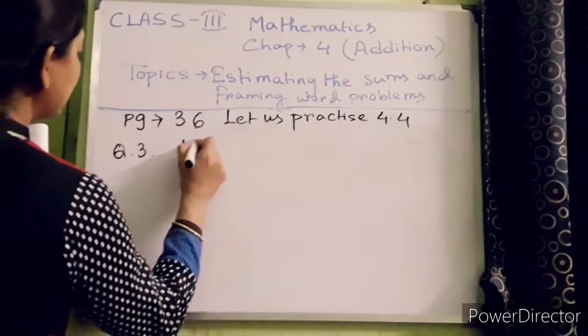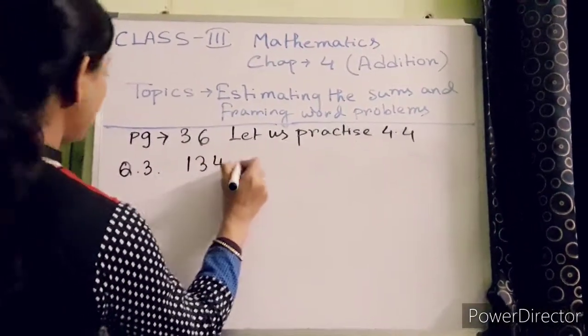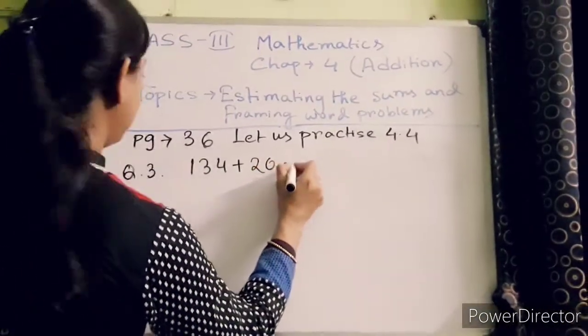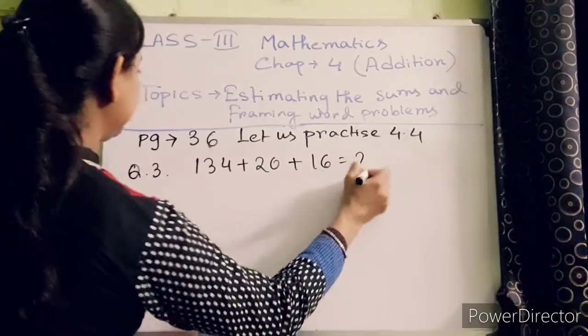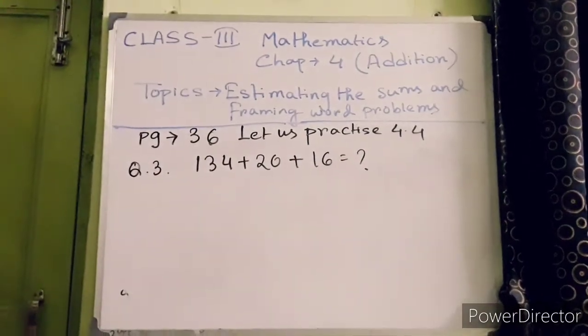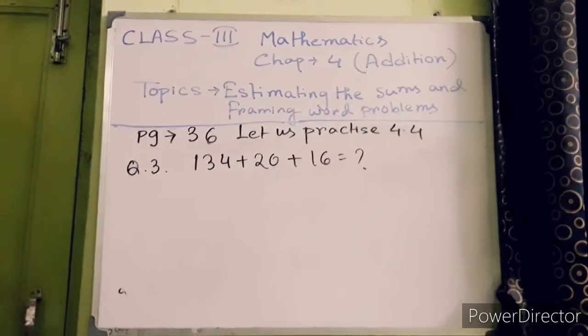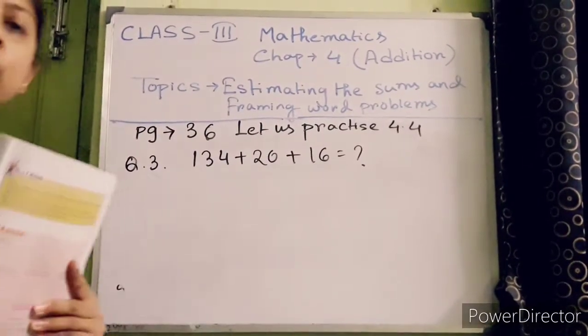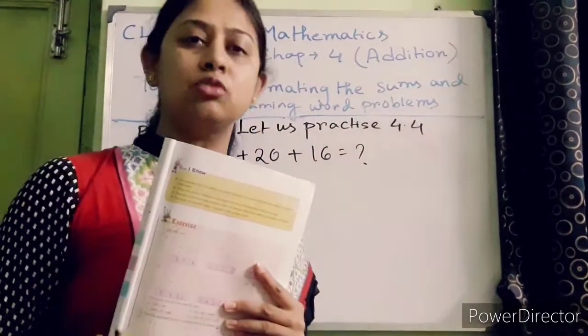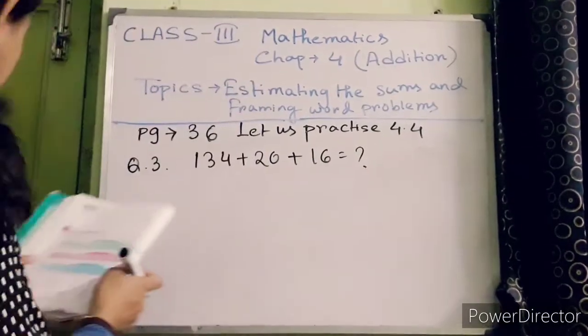Here are three numbers, 134 plus 20 plus 16. I am doing this one for you. If you want, you can write another sentence also. No problem.